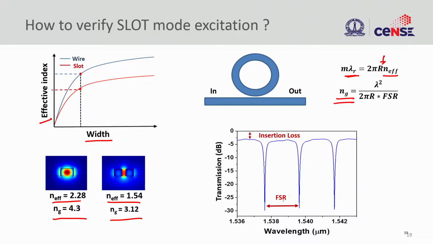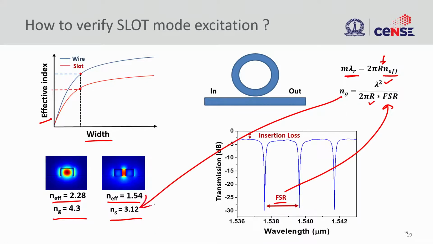So, the free spectral range we know, coming from the measurement, and using that free spectral range, lambda we know, r we know, then we can find the group index, and from this group index we can relate it to our simulations here, whether this is correct or not, right. So, I think this is a fair method of validating whether we have excited the slot mode or not. So, this is the confirmation of this particular excitation process.